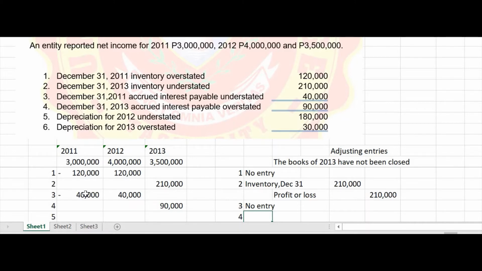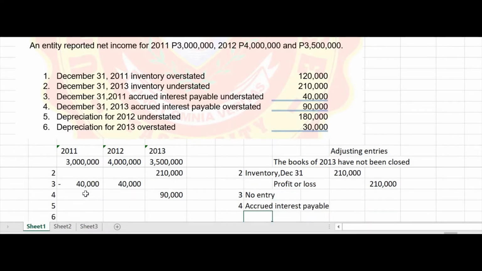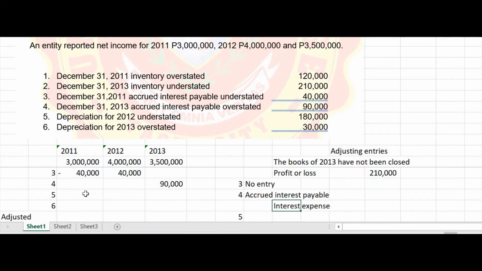Kasi pag close na yung books, of course, sa retained earnings mo siya i-adjust. Okay? Since open pa yung books, you'll debit lang accrued interest payable. Since it's overstated, then you'll credit lang interest expense, of course, for 90,000.